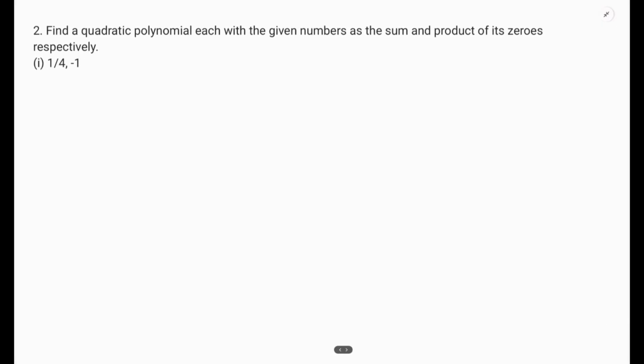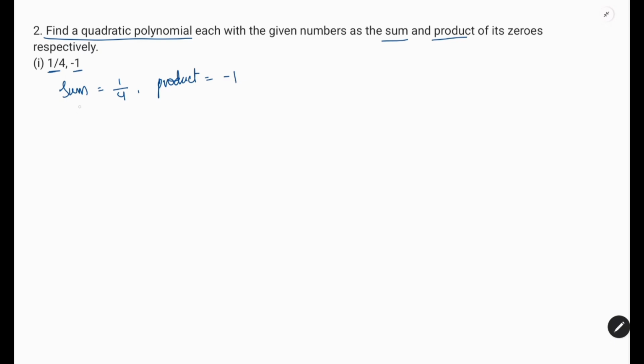Find a quadratic polynomial each with the given numbers as the sum and product of its zeros respectively. See, we should find the quadratic polynomial. Here, this is the sum and this is the product of the zeros. Here, sum is 1 by 4 and product equal to minus 1.